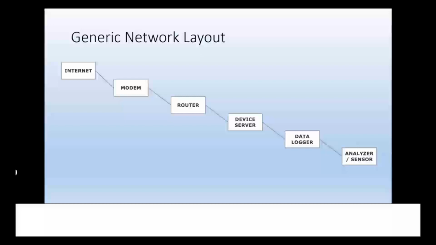And then that data logger can be connected to a device server, depending on the way the connection is set up, and we'll talk about that more very soon, as well as the router and what that means and what that does. And then finally, your modem is your connection to the outside world, the internet, for that transmission of that data. Next slide.